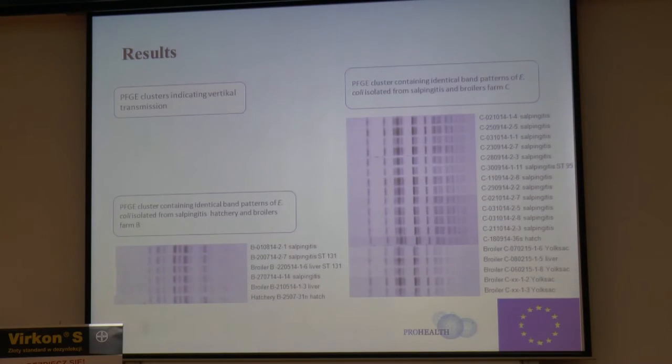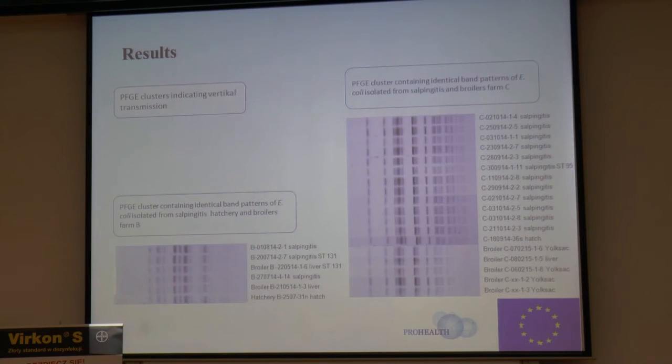Some of the results so far have again clearly demonstrated that we do see transmission from the broiler breeders to the broilers. I'm not capable at this time of saying how often and which subtypes of E. coli are the most important in this respect, but we will analyze these data sets for a long time, and we will get some answers in respect to that.